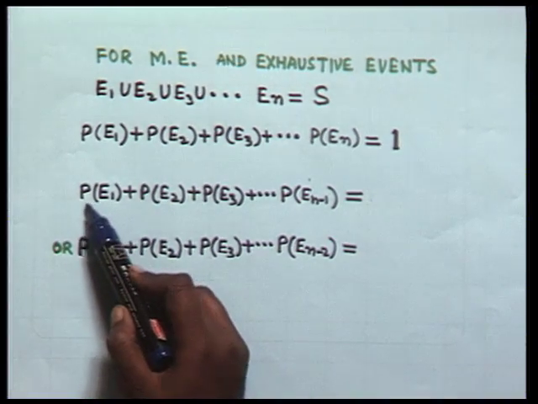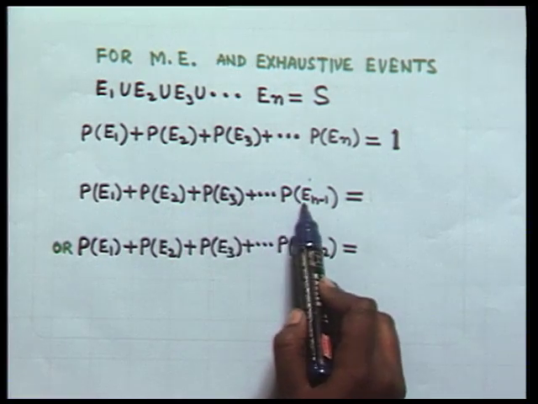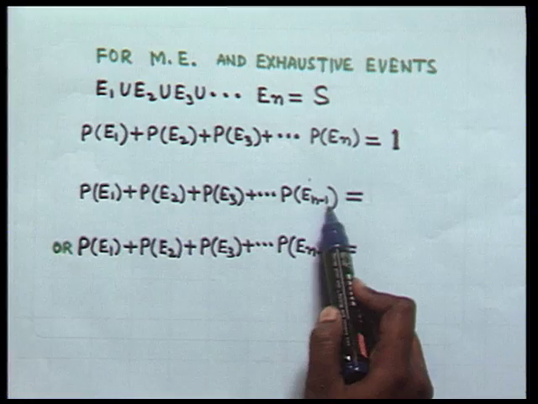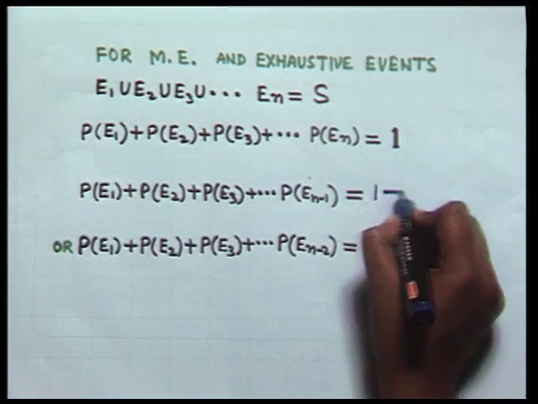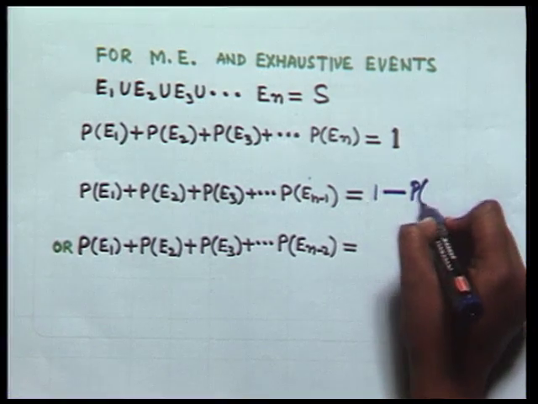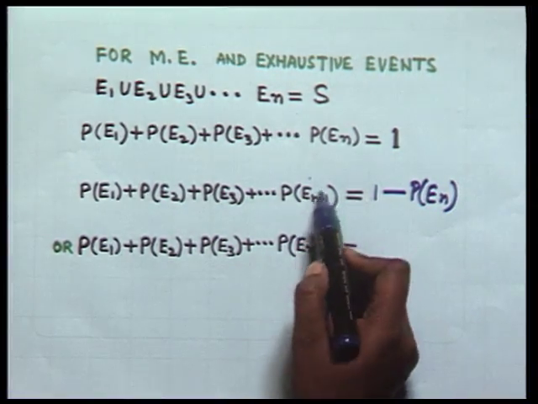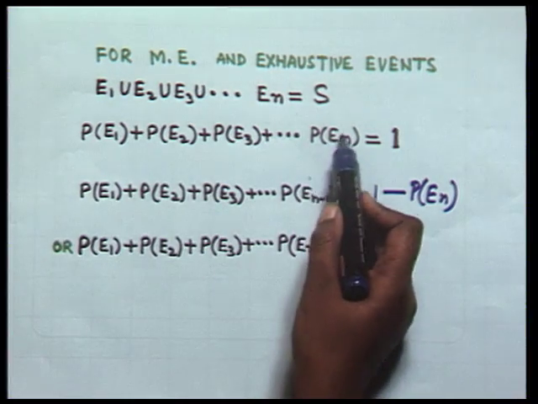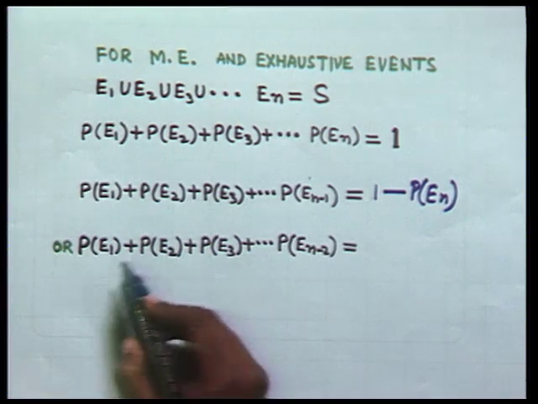This implies probability of E1 plus probability of E2 plus probability of E3 plus probability of E(n minus 1) will be equal to 1 minus probability of En, because this probability is 1 less than this probability of En.